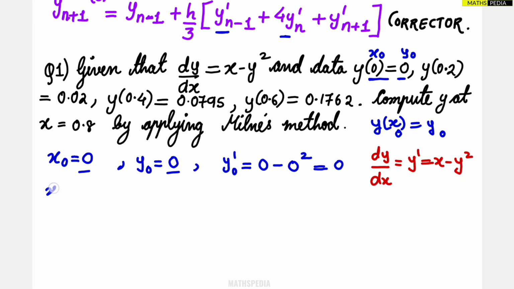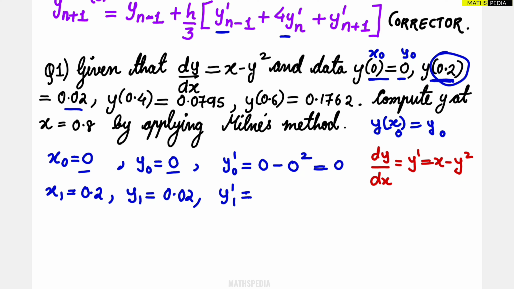Next, x1 is 0.2, and the corresponding y1 value is 0.02. Now what will be y dash of 1? Just substitute the values, 0.2 in place of x and 0.02 in place of y. What is the answer you are getting? 0.1996.